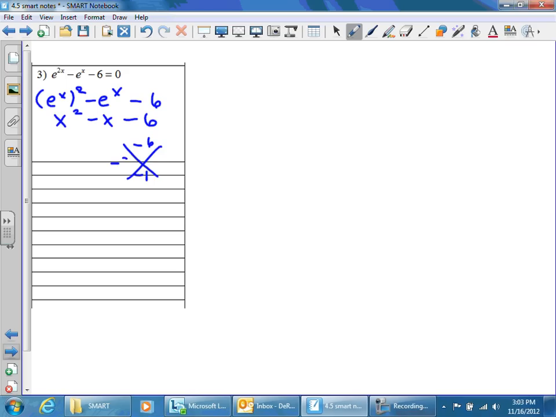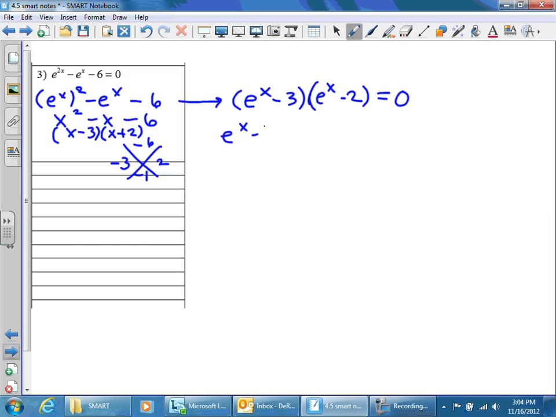So let's see, I got -3 and 2. So just like if I had this guy, I'd write x minus 3 and x plus 2. I'm going to do the same thing, except I'm going to use e to the x instead of x. Whoops. I said x and then I put it in there. There. Better. So now set each of those factors equal to 0.